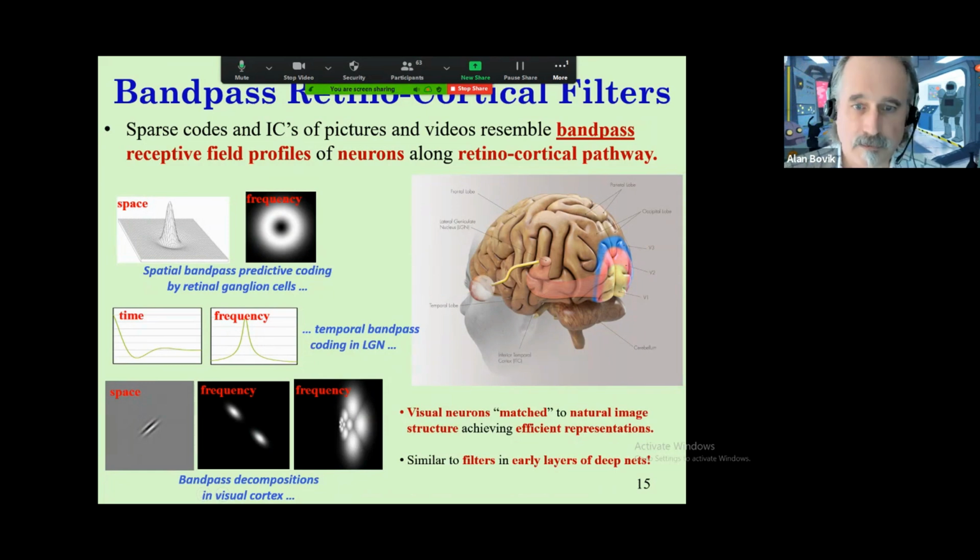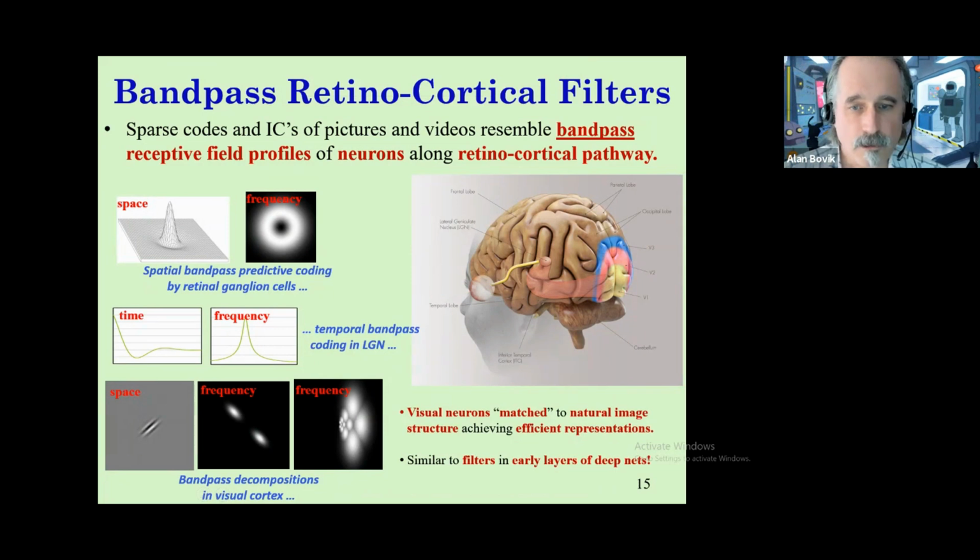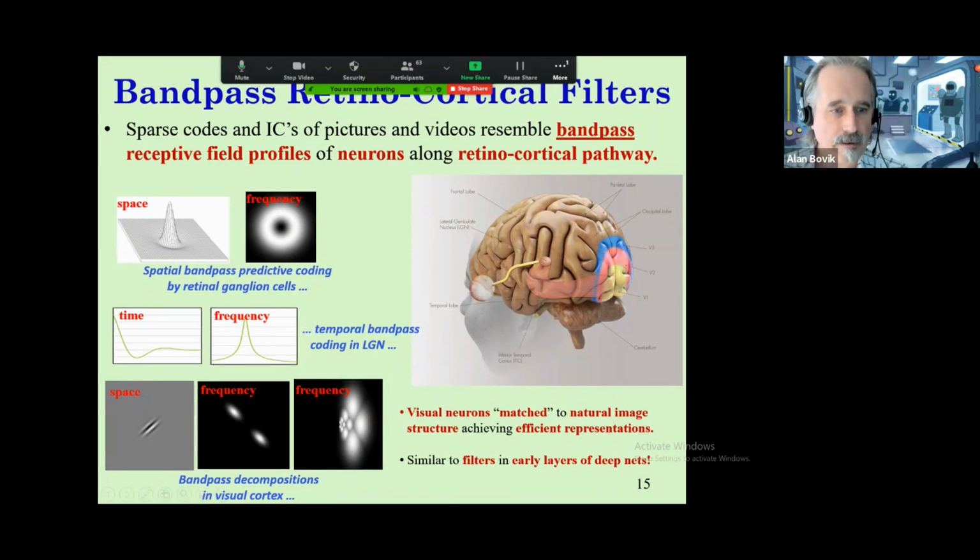Well, what's happened is that the visual brain has evolved to extract similar efficient representations at the retina where bandpass predictive coding occurs using filters that look like this. I'll give a model of this in a little while. In LGN, we're doing temporal processing, bandpass in frequency, causal, of course.